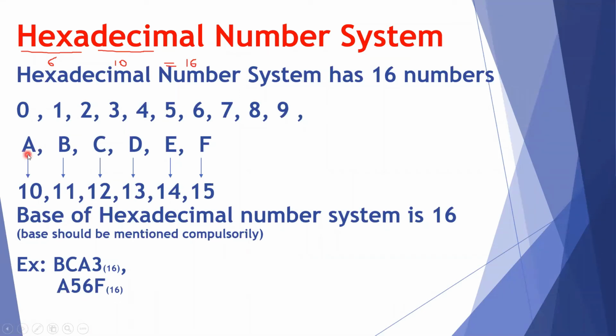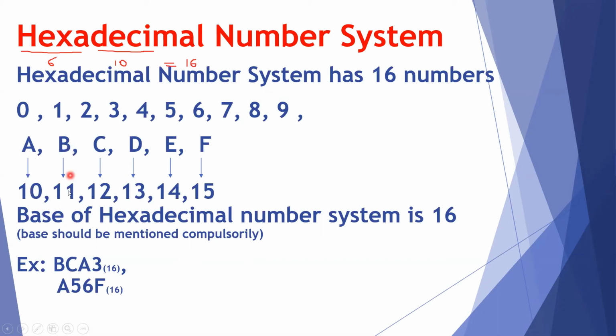Okay, like A, B, C, D, E, F. So 0 to 9, 10 numbers. A to F, 6 numbers. So totally there are how many numbers? 16 numbers.